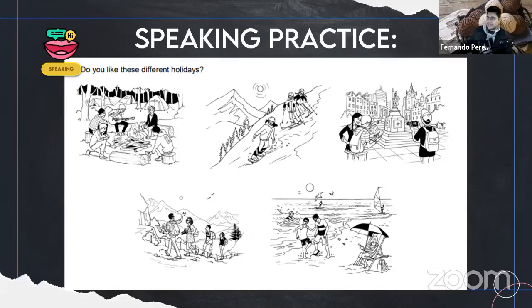So in this part of the test, you are going to talk together. Here are some pictures that show different holidays. Say, Do you like these different holidays? Say why or why not. I will say that again. Do you like these different holidays?